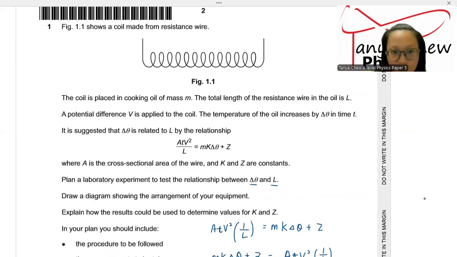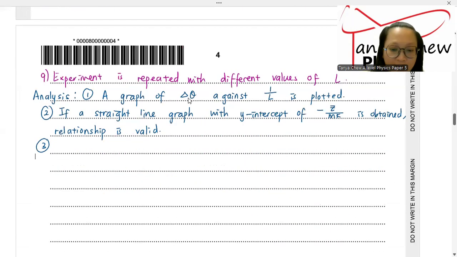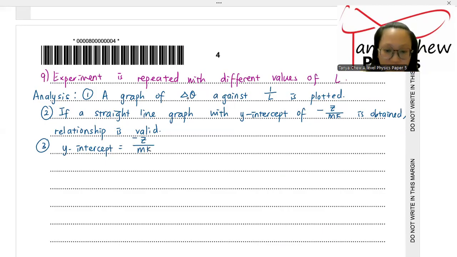That's all. And the third one, okay, so remember the question asks us to find something, right? Explain how your results could be used to determine the values for K and for Z. So I would say that, okay, y-intercept, I'll show you the working right here, is equal to negative Z over MK. Never mind, I do for my gradient first. Gradient is equal to A plus V square, ATV square over MK.